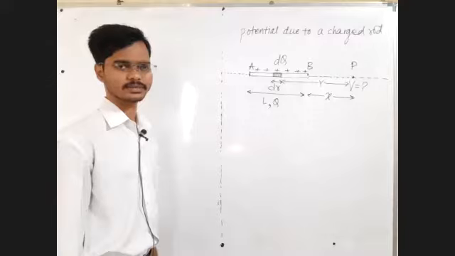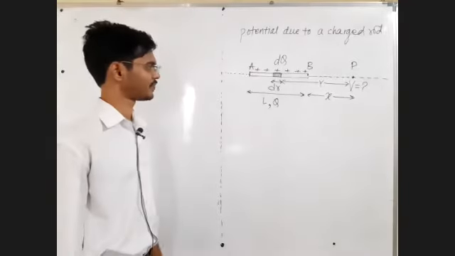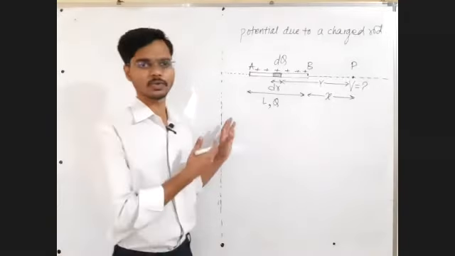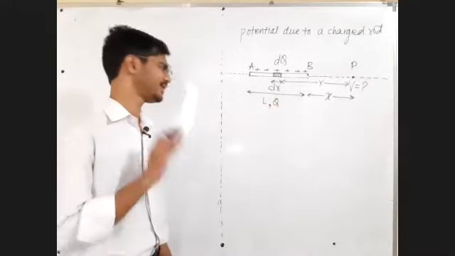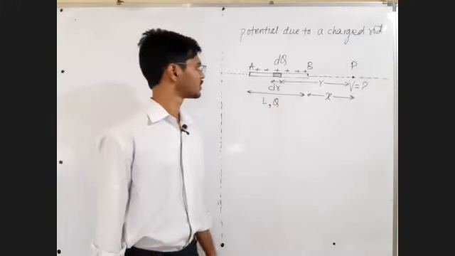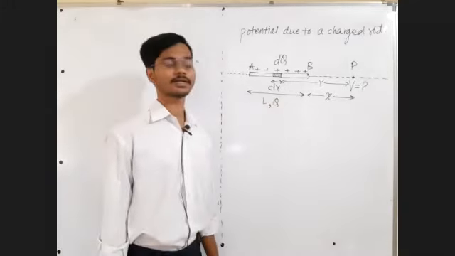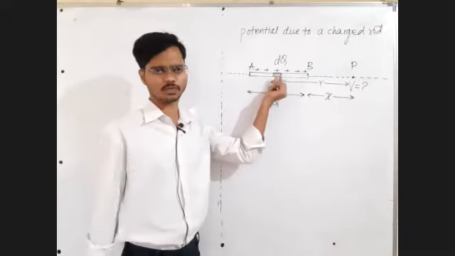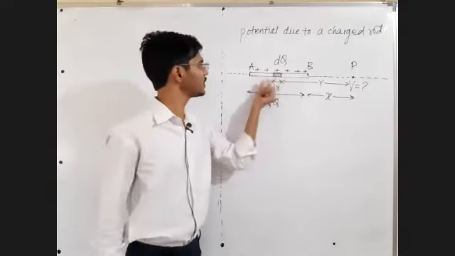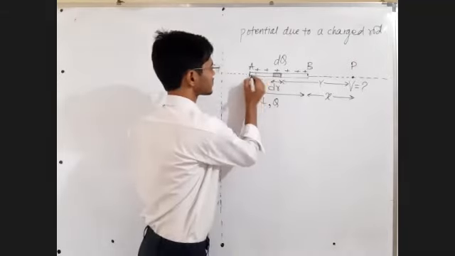Understand the logic. Derivation not a big deal. Even bio people do not worry about it. We have done integration so many times. Just have confidence, but try to understand the logic. First, we will find out a small potential because of a small point charge, and then we will consider all such point charges.